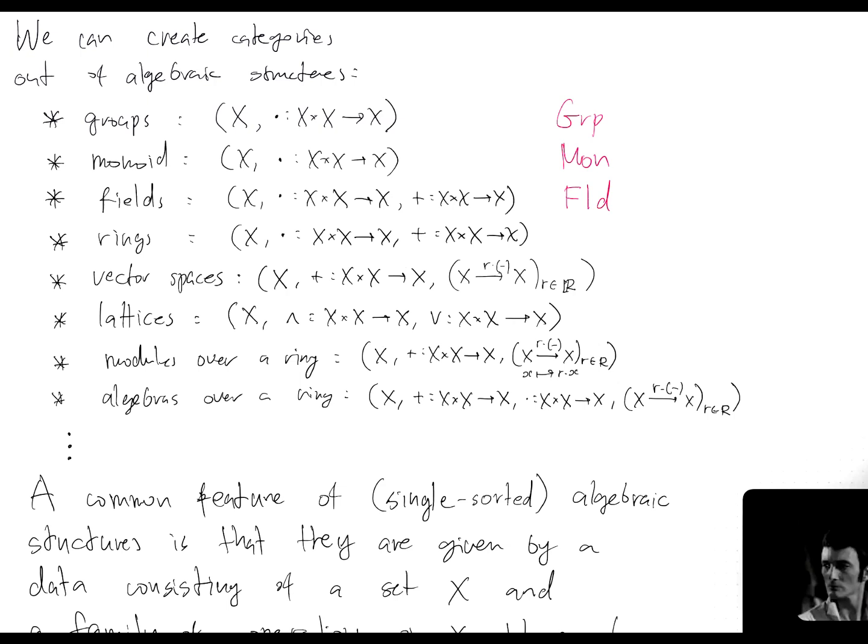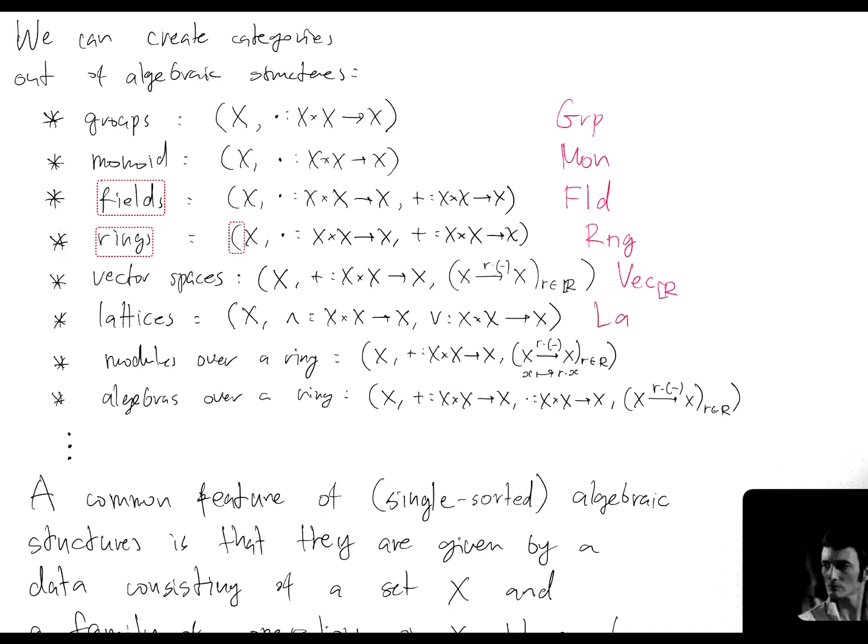Maybe FLD, but I don't think there's a standard notation for that. RNG, well, actually RING sometimes, if it's rings with identity. If rings without identity, then it would be called RNG. Vector spaces is VEC, and then we put as a subscript the field over which this is a vector space. In this case, we were considering real numbers.